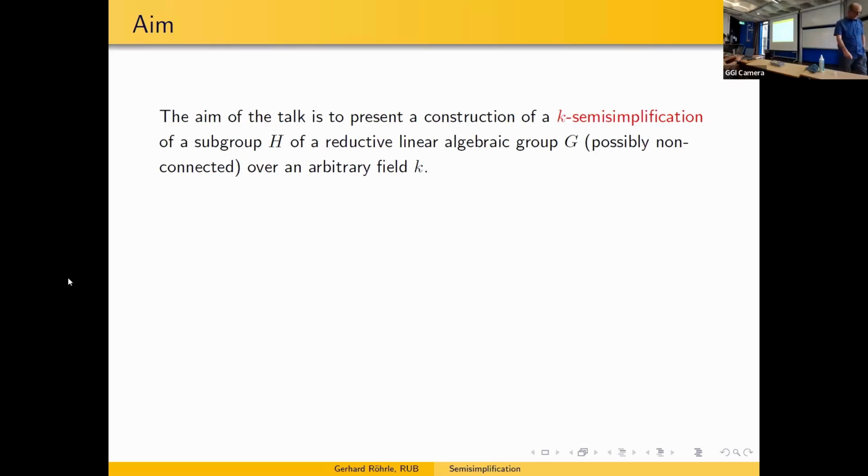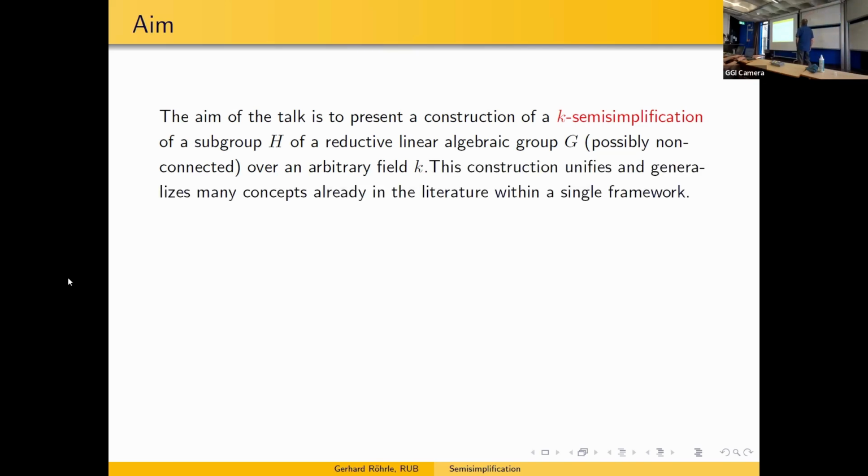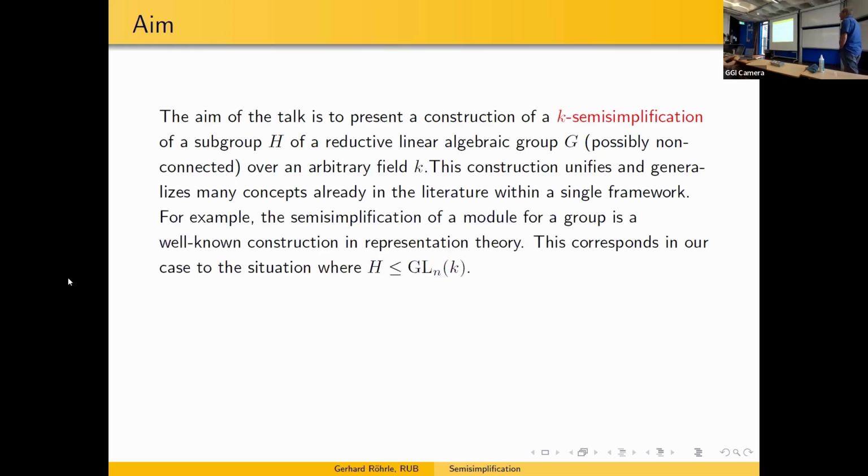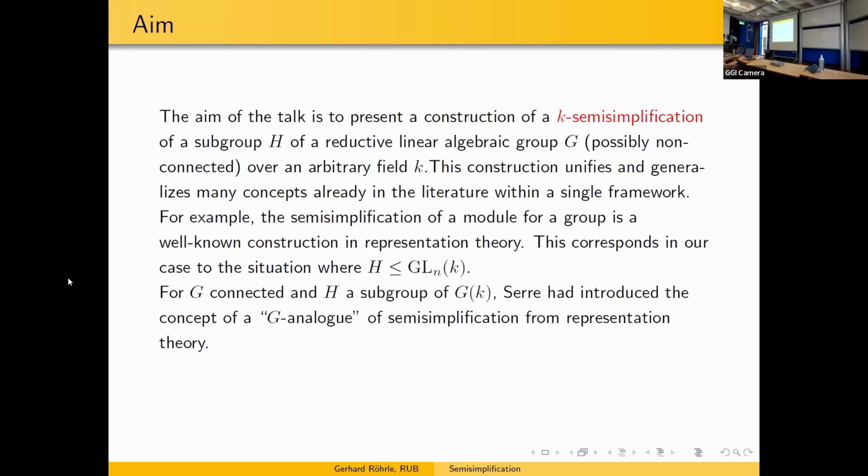Potentially this reductive group is not connected, and the field is arbitrary for now. As I said, it unifies concepts that have been in the literature. Semi-simplification would be: you have a module, you pass to a subgroup which acts semi-simply on the ambient module K to the n. We'll do this explicitly.